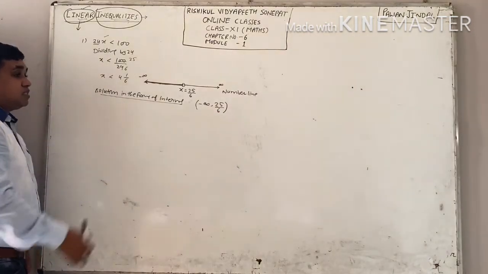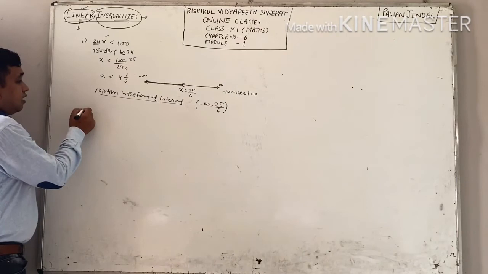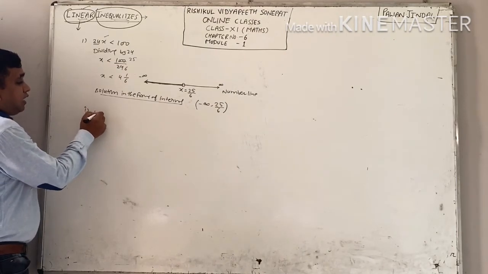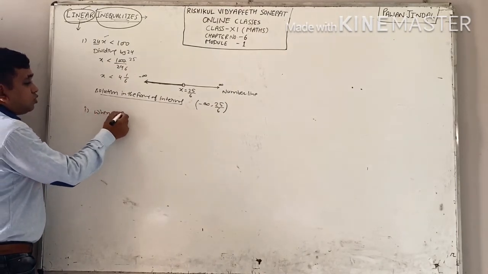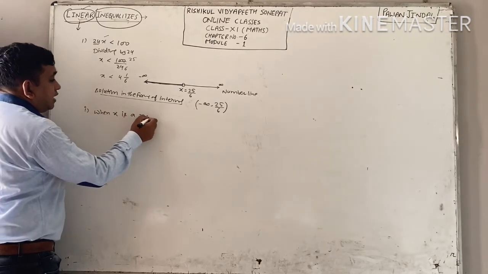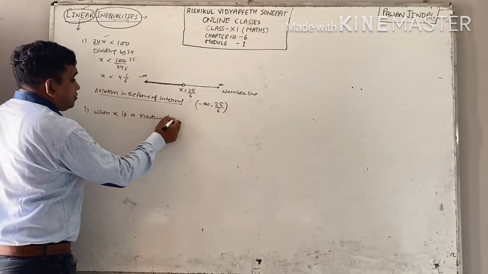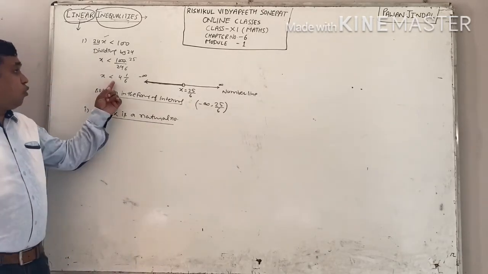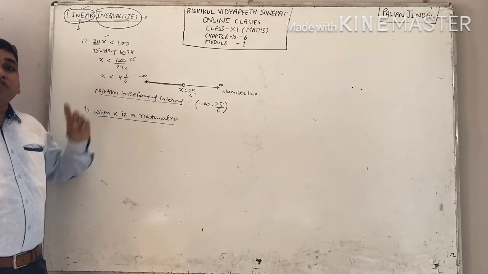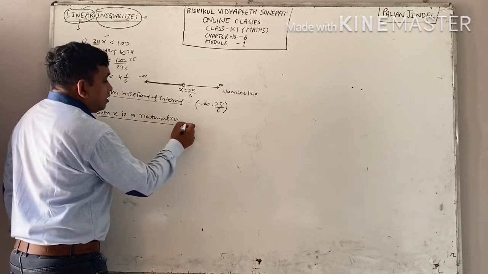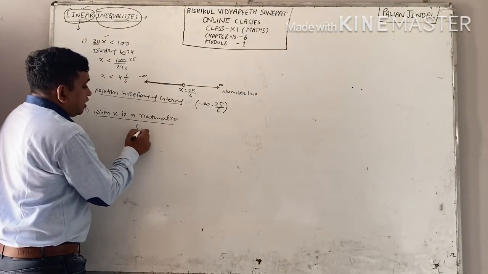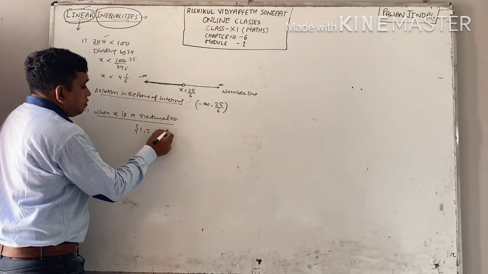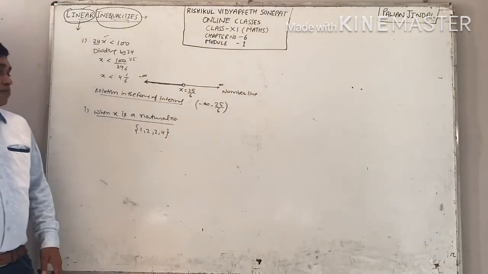Now I am discussing different cases here. When x is a natural number, suppose he is putting some condition, he is saying here x is a natural number, then what will be the solution? Now see, all natural numbers less than 4 1 by 6, and these are your, you can easily say, 1, 2, 3, 4.